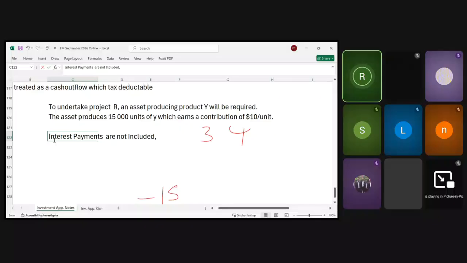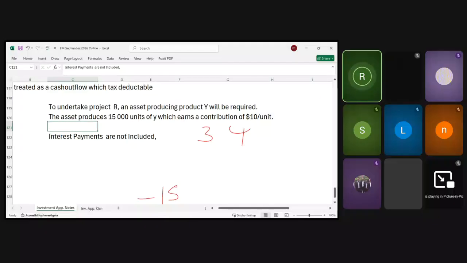They are already included in the discount factor. The discount factor itself means you are paying interest. If you have any interest payment amount, for the purpose of calculating your NPV, you should not include that. Inflation is done.